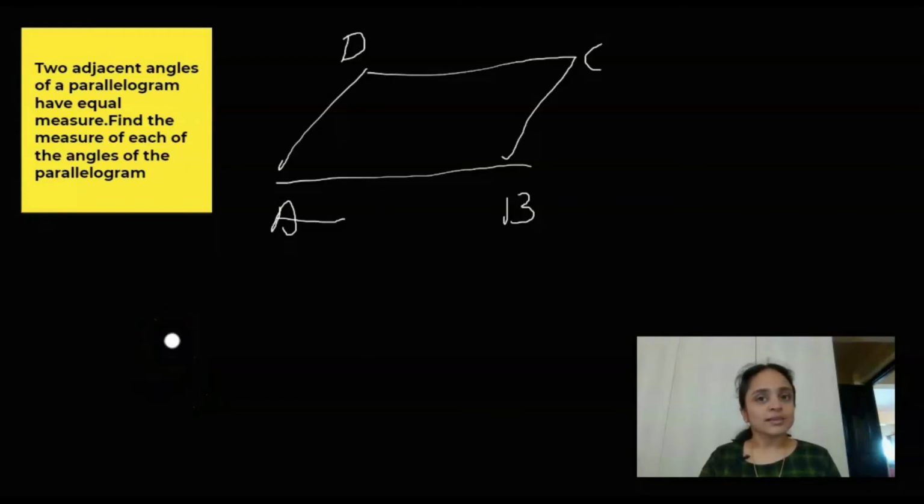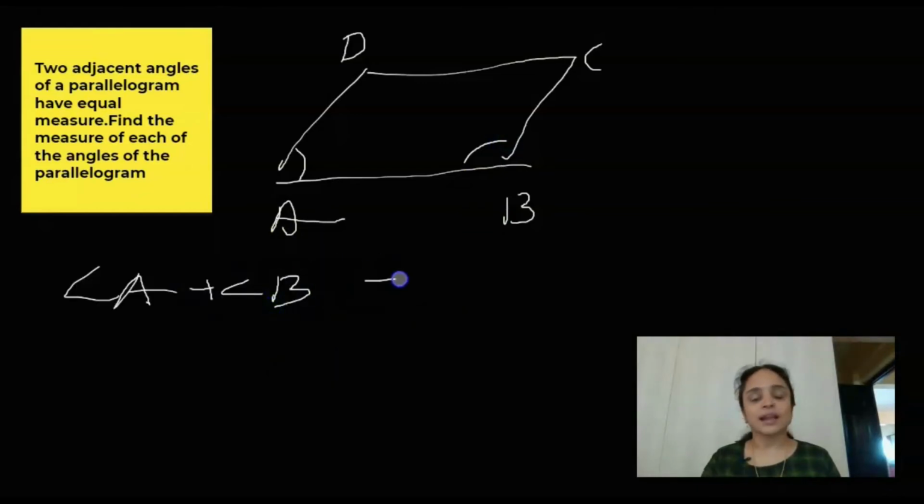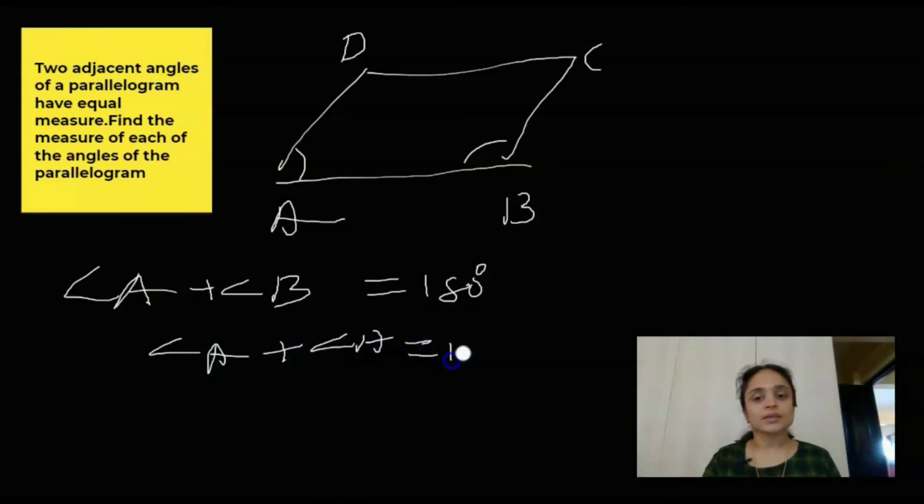So we know that adjacent angles of a parallelogram sum is equal to 180 degree, and let us say angle A and angle B are the adjacent angles, and we know that angle A plus angle B equal to 180 degree, and given that angle A equal to angle B, what does that mean? So we can write this as angle A plus angle A is equal to 180 degree, which means 2 angle A equal to 180 degree and angle A is equal to 90 degree.